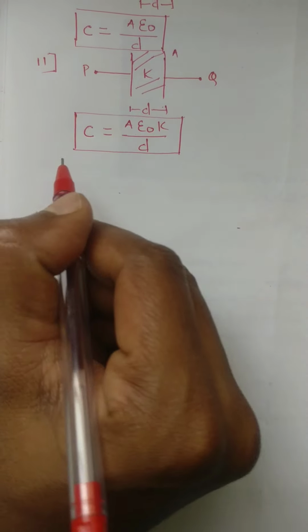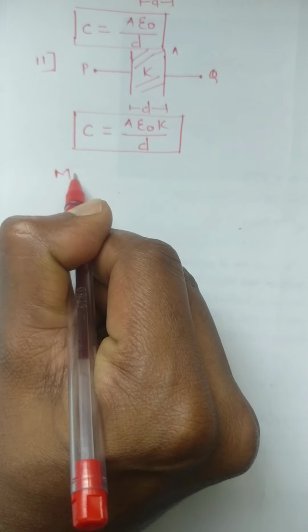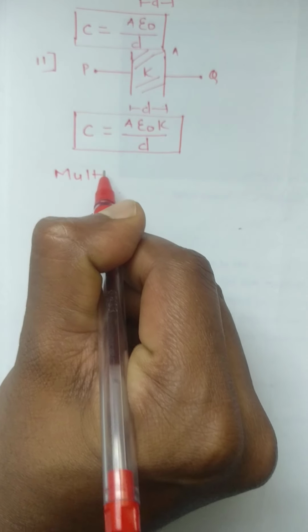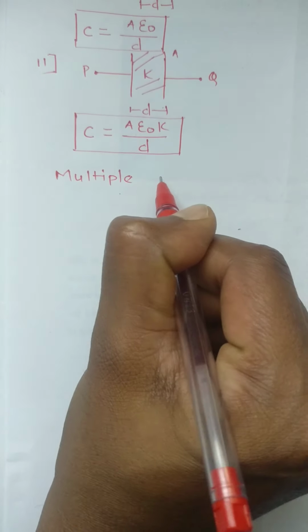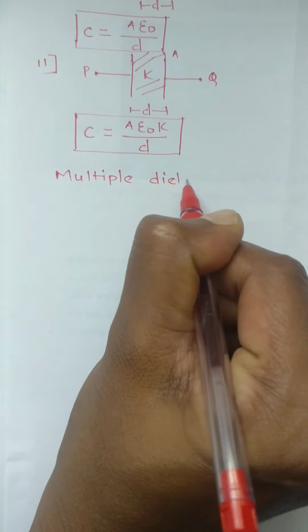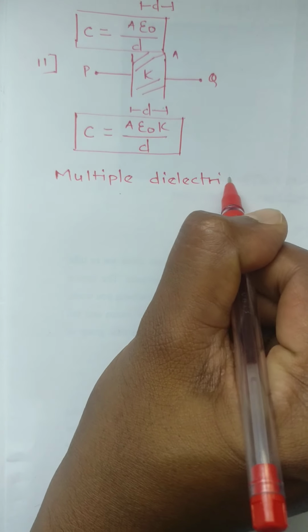Now why we are going to discuss this is because of the case where, instead of one dielectric, we introduce multiple dielectrics between the plates of a parallel plate capacitor. What will happen? Fine.